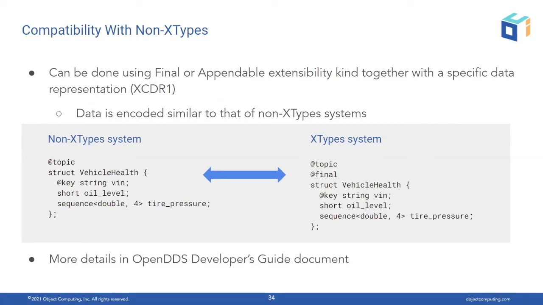To obtain that, on the Xtype-enabled application, we set the extensibility of the data type to either final or appendable, and we use the data representation type of XCDR1 on the Xtype system, so that the data on the Xtype system is encoded in a similar way to that of the non-Xtype system.